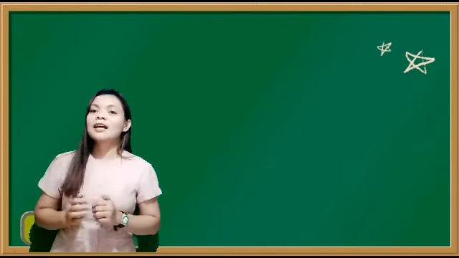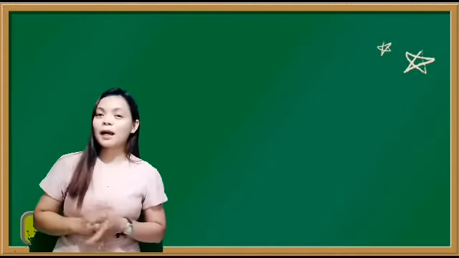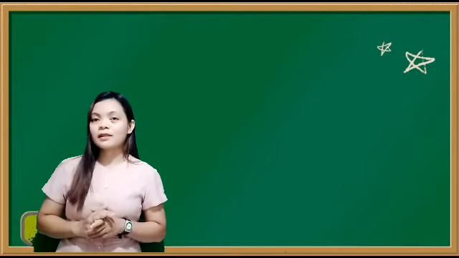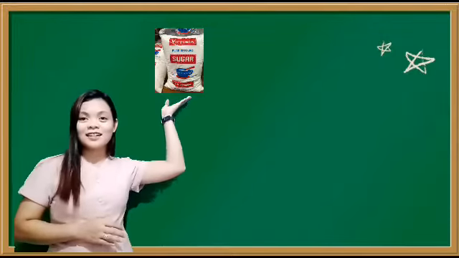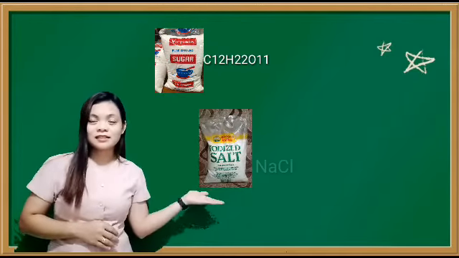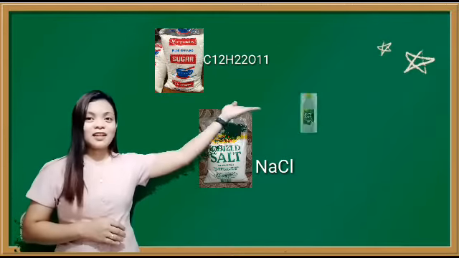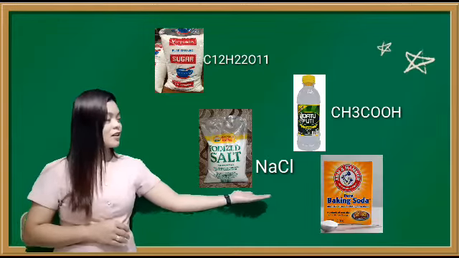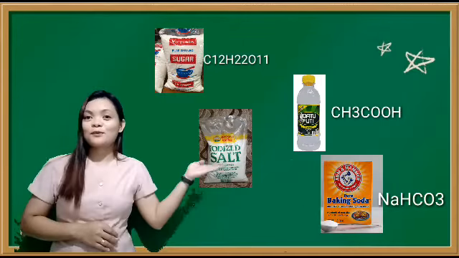To start with, let me show you some of the common compounds that we can actually find at home. Let's start with sugar with its chemical formula, salt, vinegar, baking powder, and even water.